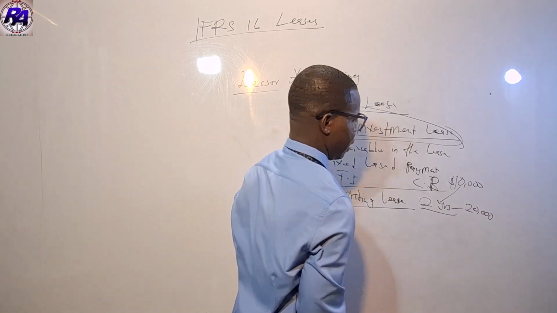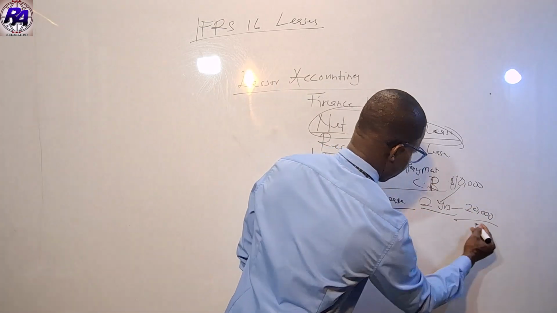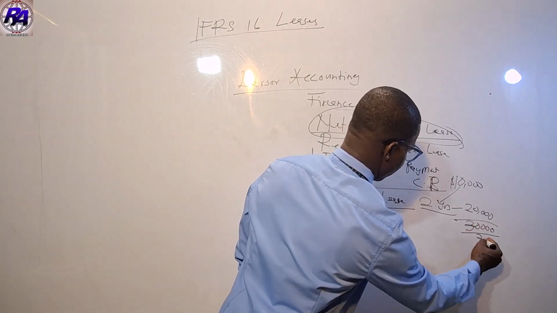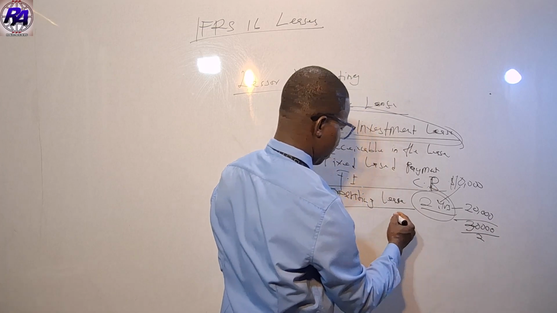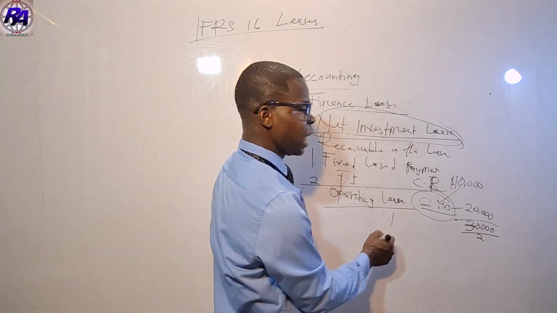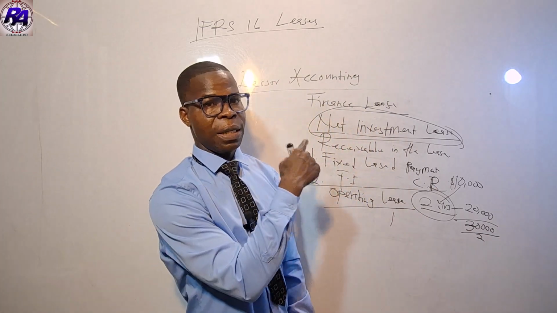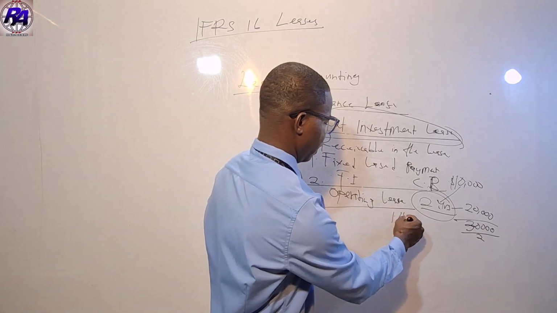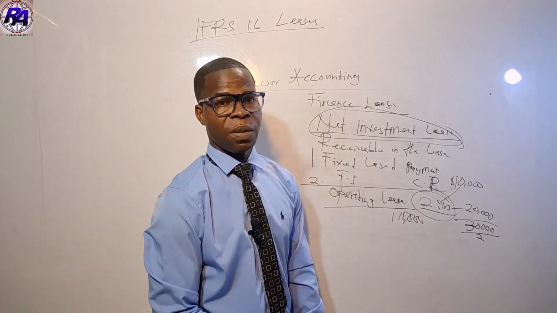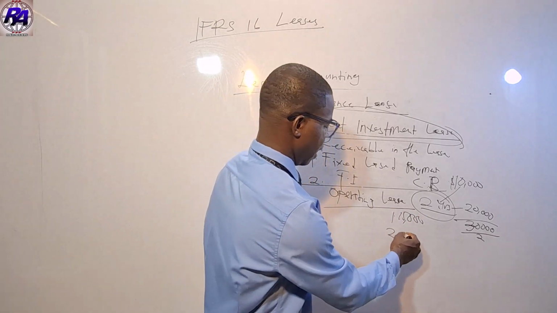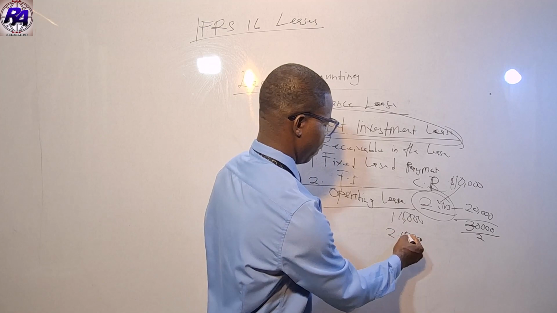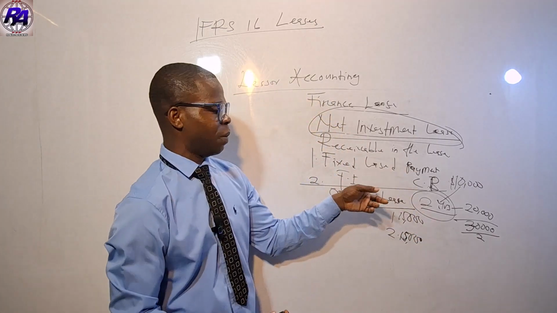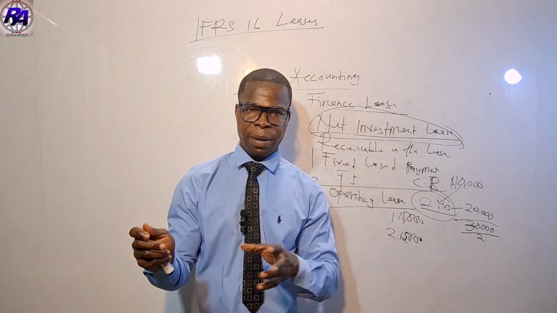What the standard is saying is that we sum these two to get a total lease payment of $30,000. Now we divide it by 2 because the lease term is 2. So in the first year, we will take a lease income, because it's the lessor, of $15,000 to the profit or loss account, and then a lease income of $15,000 to the profit or loss account in the second year. That has to do with the treatment of operating lease on a straight line basis.